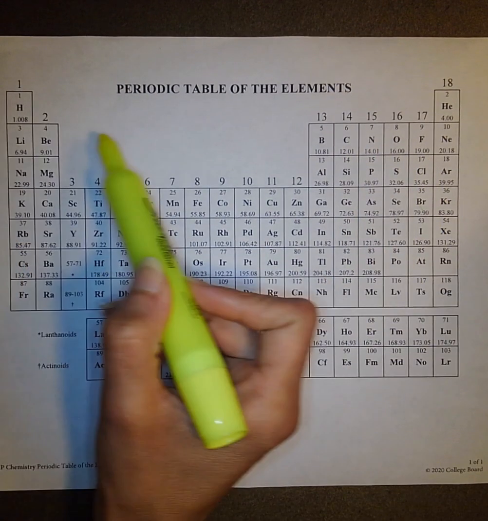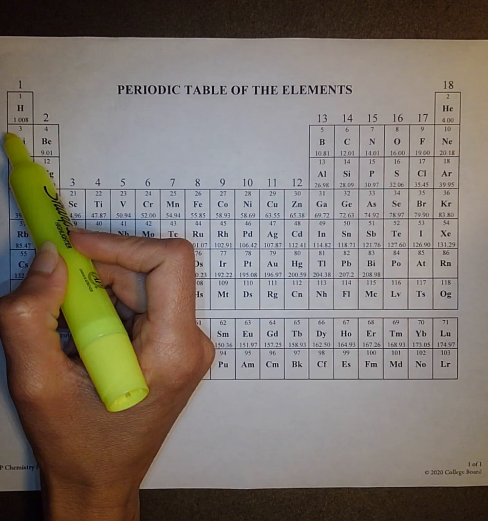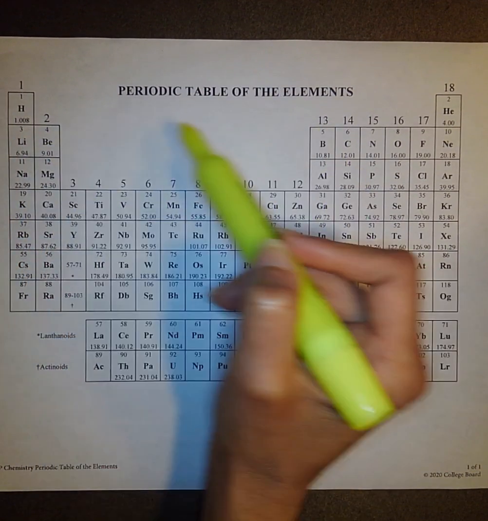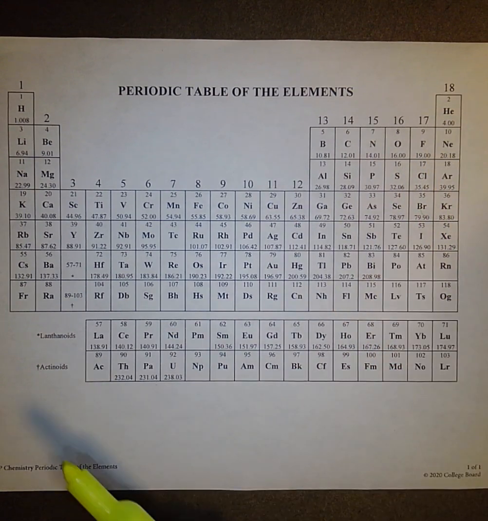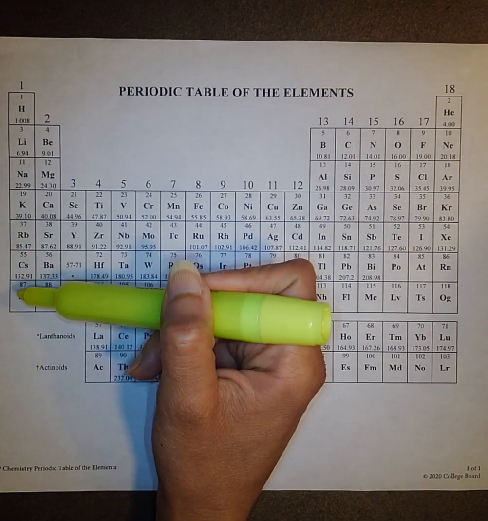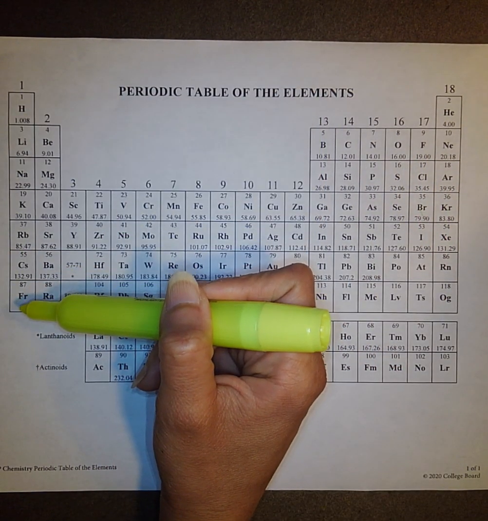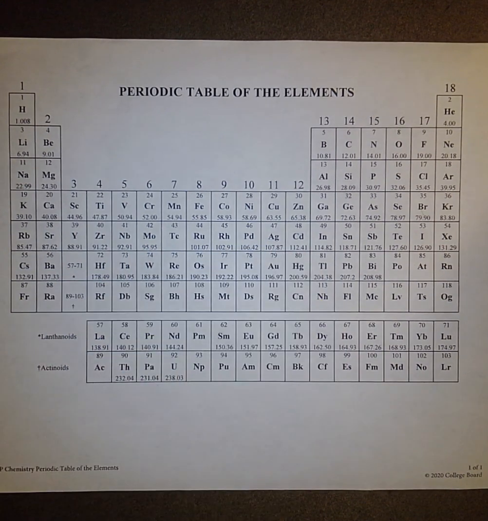So as you move across the periodic table, as the atomic number increases, so does your nuclear charge. And as you move down the periodic table, your atomic number increases, so does your nuclear charge. So it's really not a hard concept to understand. Just understand that nuclear charge means the charge of the nucleus, which has the protons in it.